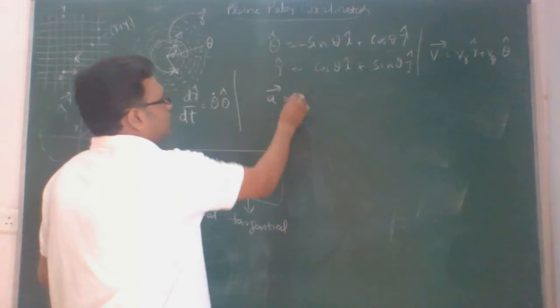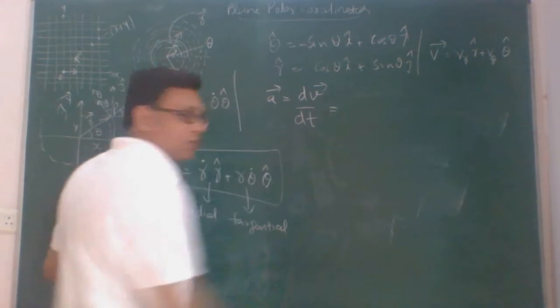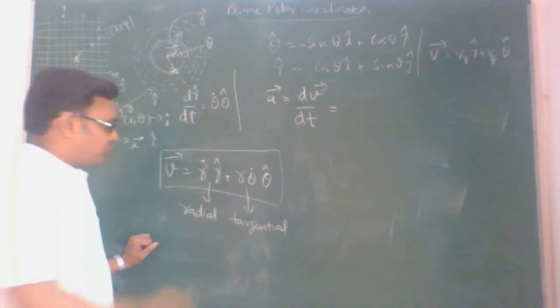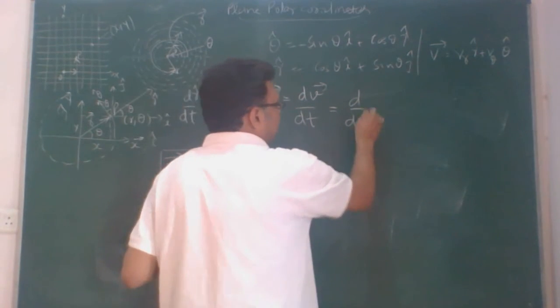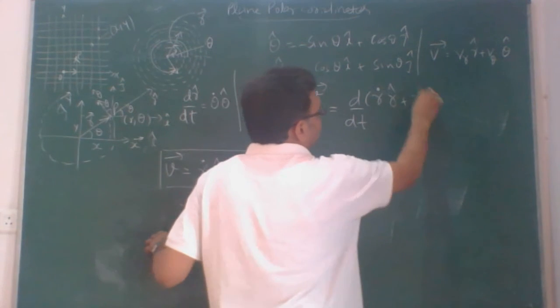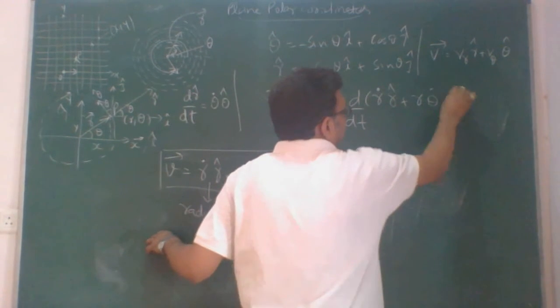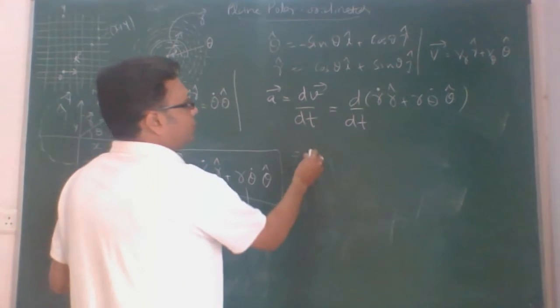So acceleration is nothing but the rate at which velocity changes. Velocity we have got here. Let me handle this velocity with rate, r dot r cap plus r theta dot theta cap. Fine. So I'll do it quickly.